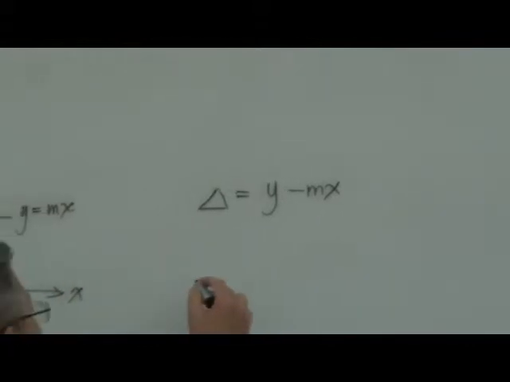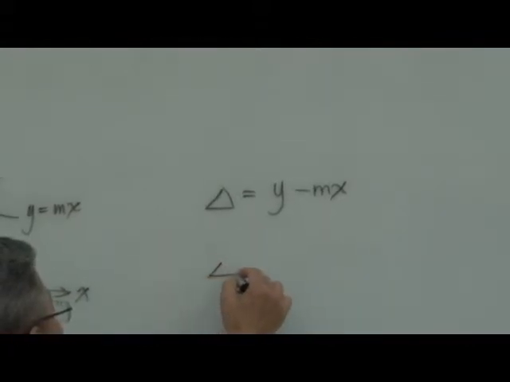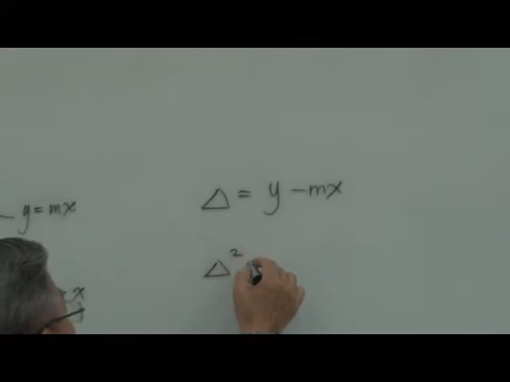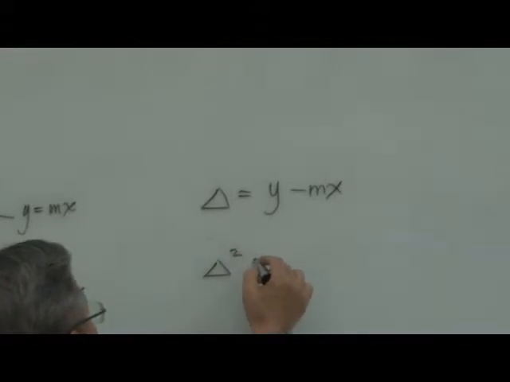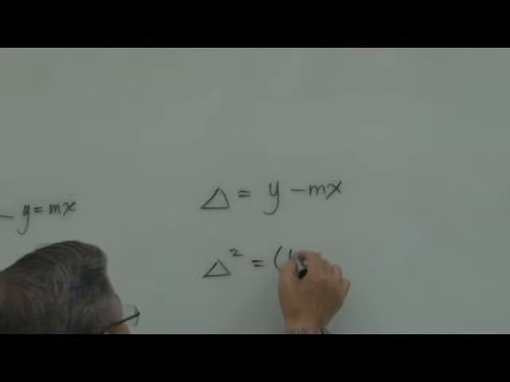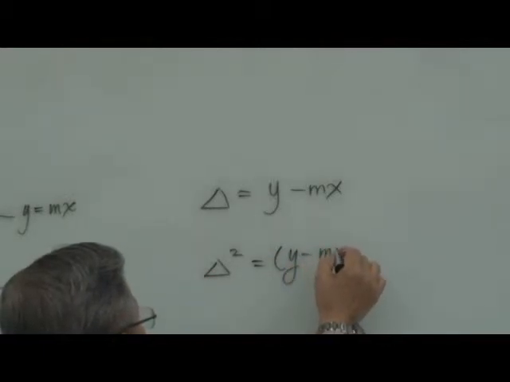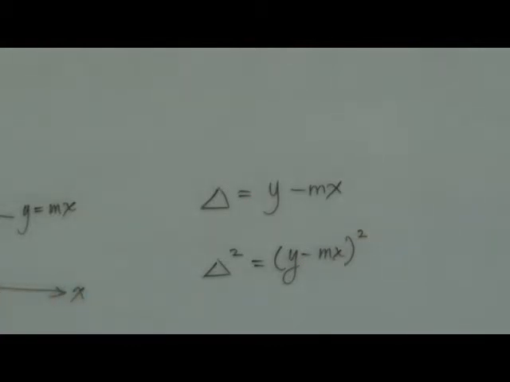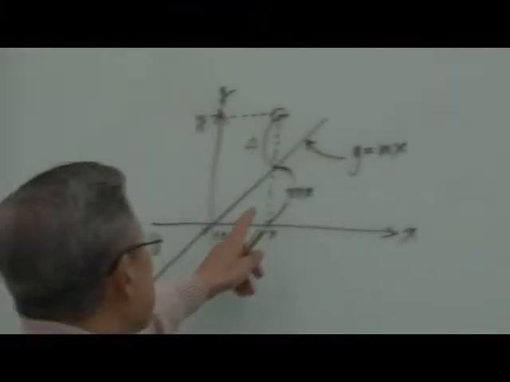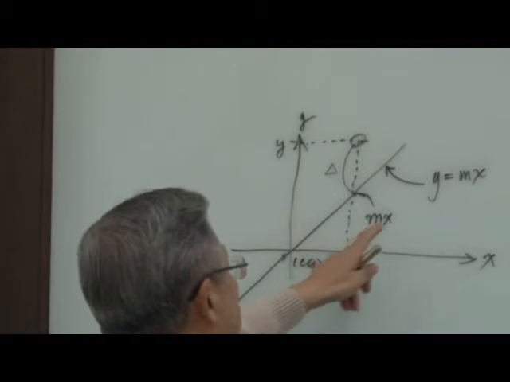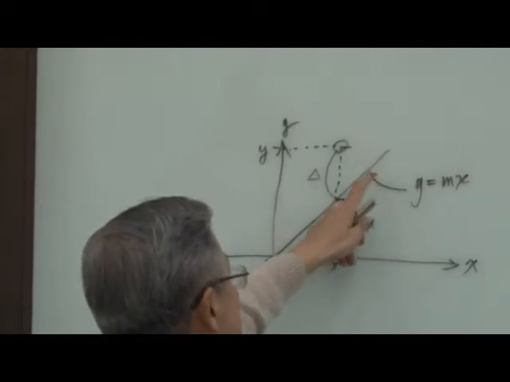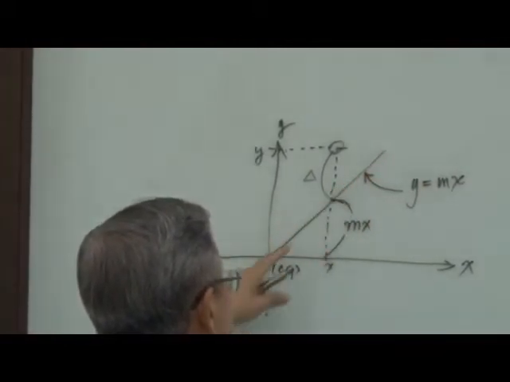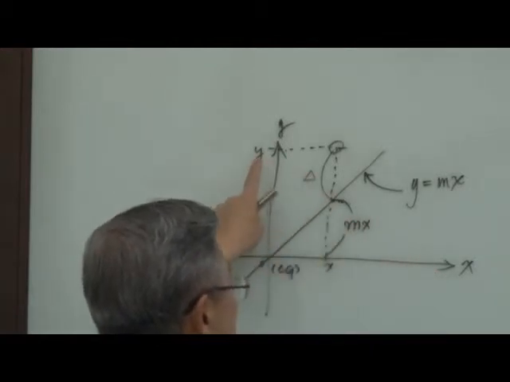So delta square is equal to, of course, y minus mx squared. We're going to minimize it for what is called the regression line of y on x. That's what you call this line when you put the x and y here.